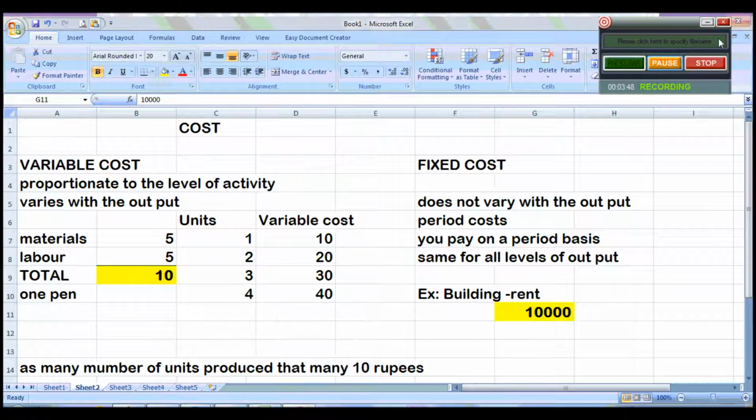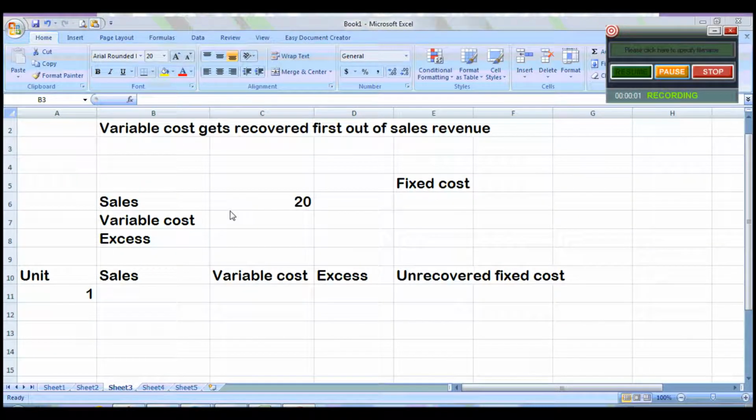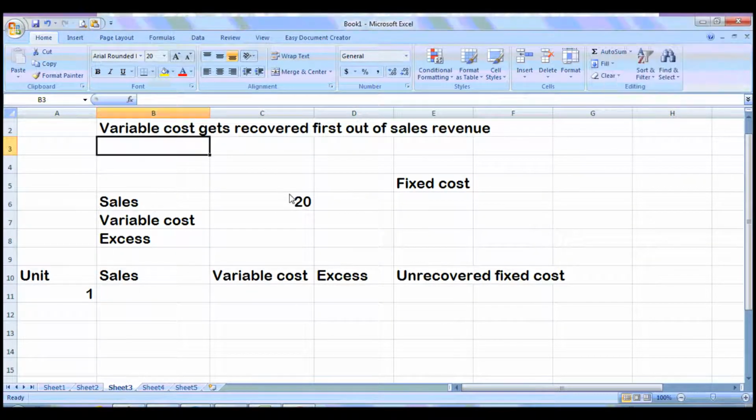Even if you do not produce, you'll have to pay this rent. So this is our example till now. Your variable cost is ₹10 per pen and your fixed cost is ₹10,000. So as discussed in our example, you have produced a pen to sell it. Say you sell this pen for ₹20.